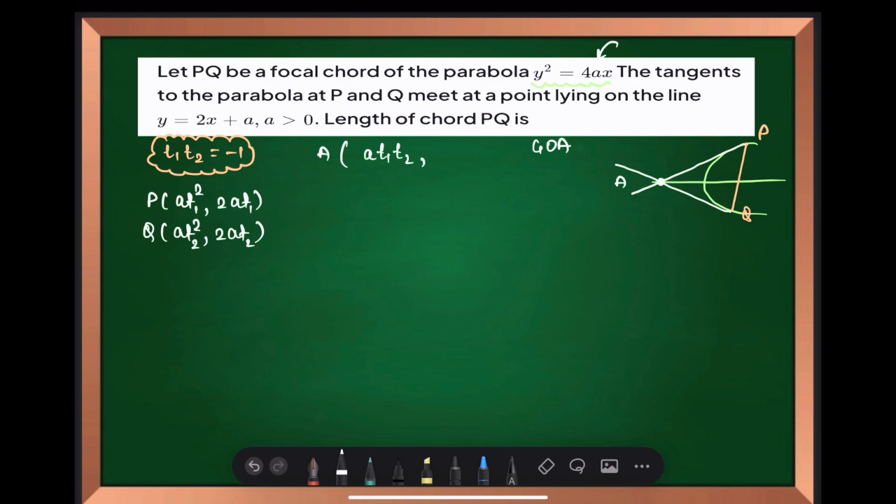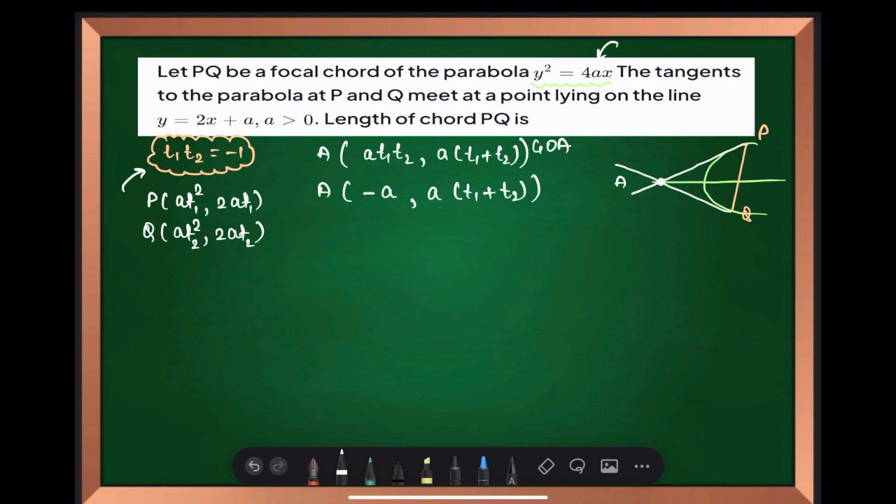Then GM is done. Now we have AM, so we can take a common: a times t1 plus t2. Now you know that the product t1 t2 will be minus 1. So the point will be minus a, comma, a times t1 plus t2.